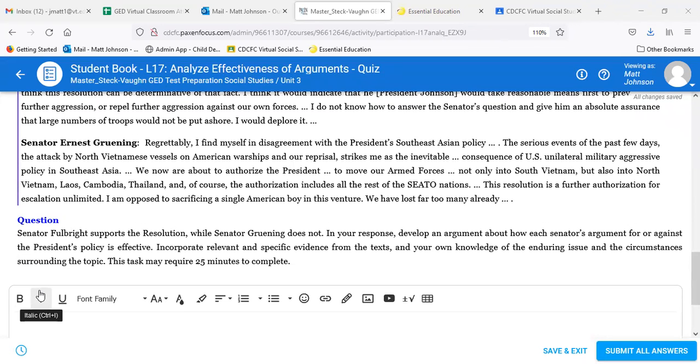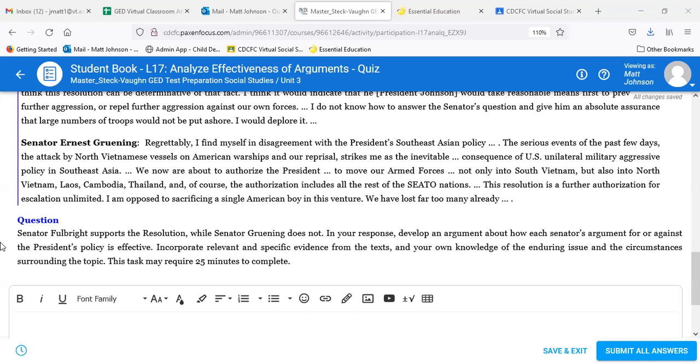So the question here, what it's asking us to do: Senator Fulbright supports the resolution. We'll get to what that is, while Senator Gruening does not. In your response, develop an argument about how each senator's argument for or against the president's policy is effective. Incorporate relevant and specific evidence from the text and your own knowledge of the enduring issue and the circumstances surrounding the topic.